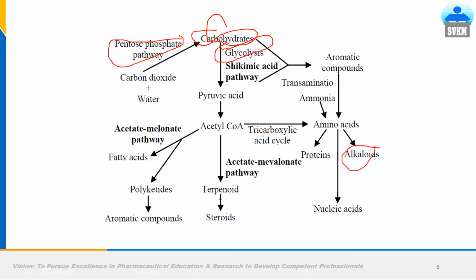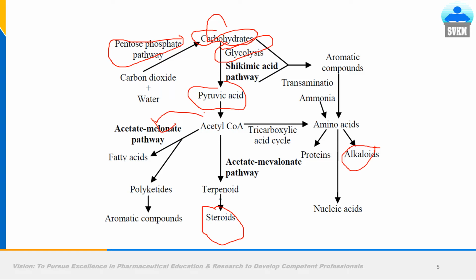alkaloids. Right? Now, glycolysis will give pyruvic acid, which will convert into acetyl-CoA. Acetyl-CoA will take two pathways. One is the acetate malonate pathway, another one is the acetate mevalonate pathway. The acetate mevalonate pathway will give terpenoids, isoprenoids, and steroids, and all types of components having jumbo structures like pentacyclic triterpenoids or steroids like cholesterol.